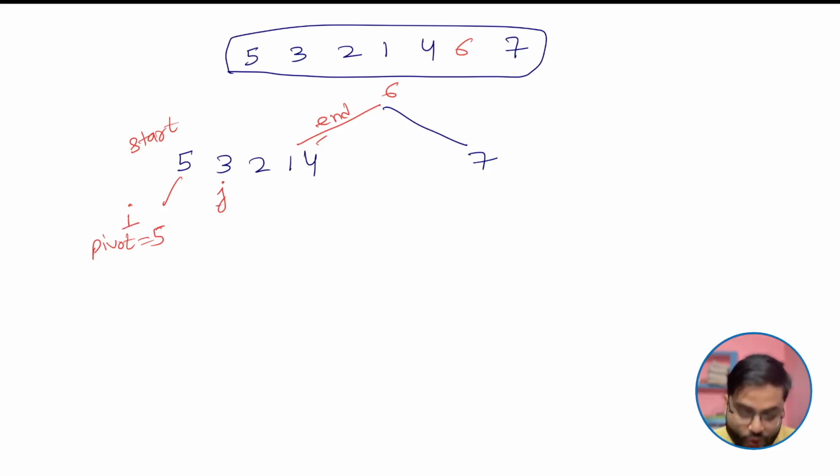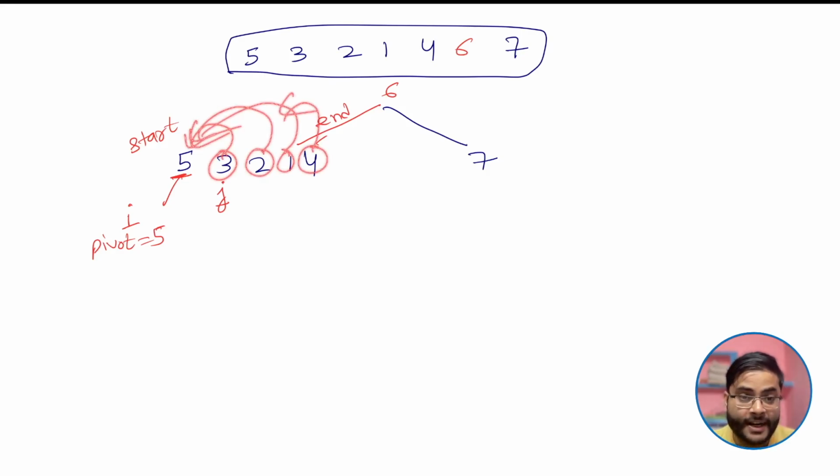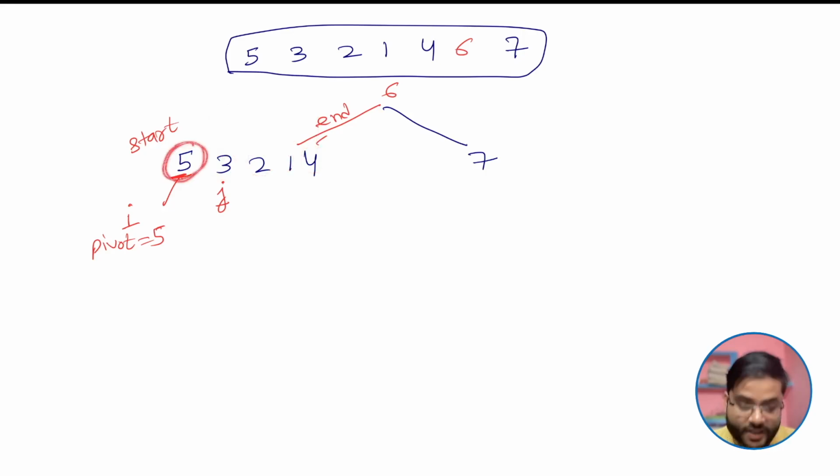So I and j store the index. Okay, so array of I will be 5 and array of j will be 3, right? So we have taken 5 as a pivot. Now again what I will do, I will run a loop from j till n. So I will compare each element with the pivot element.